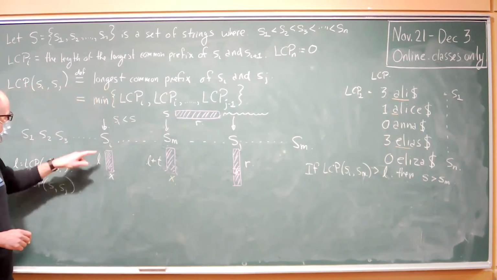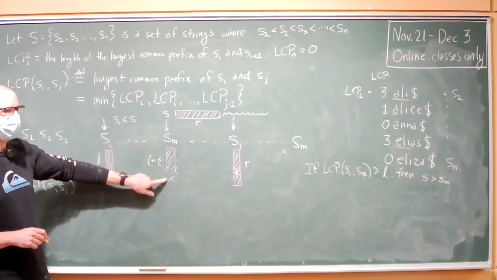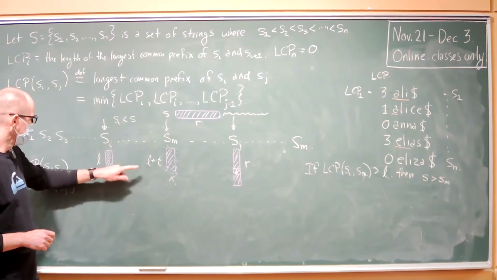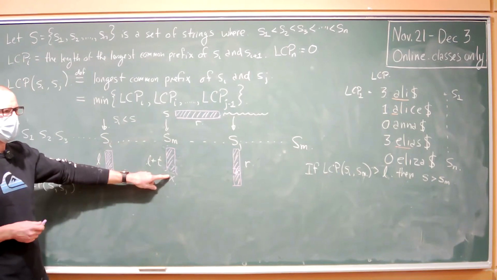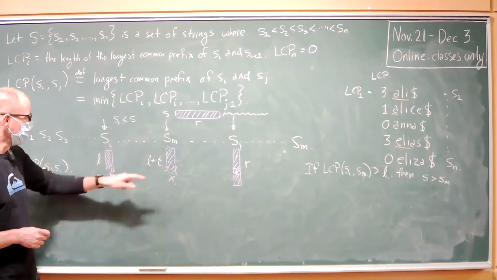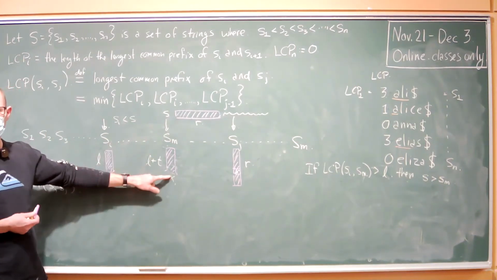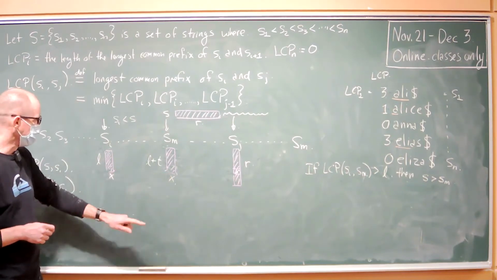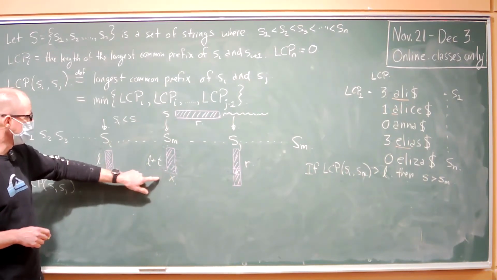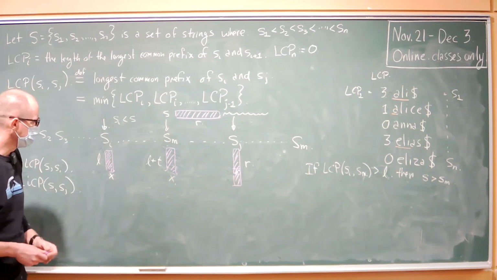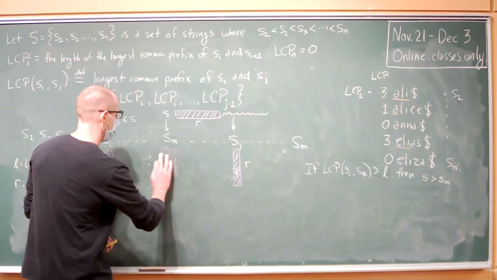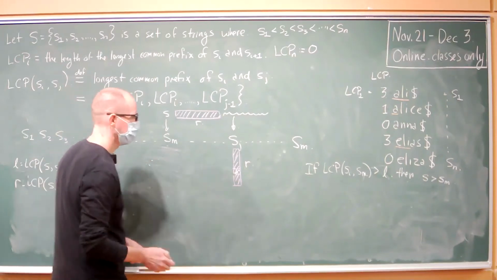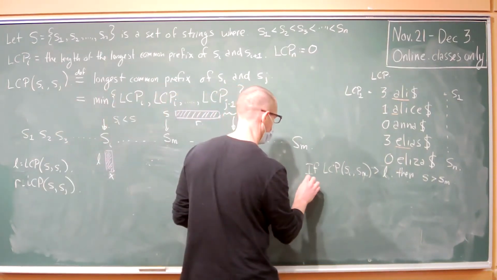So it could be that SI and SM agree on their first L plus 1 characters, which means that these things differ at exactly the same spot. So we find out immediately that that's the case, the first letter we check, but then L doesn't go up at all in the next round. Okay. All right, so that's the first case.